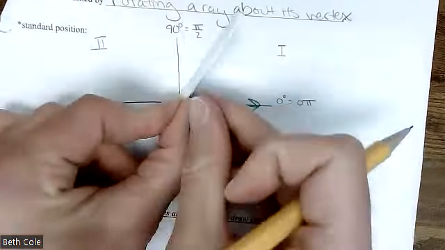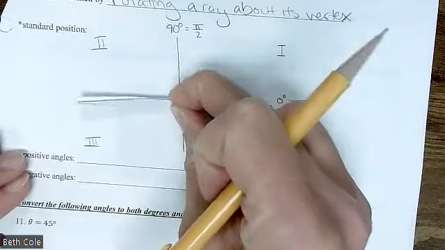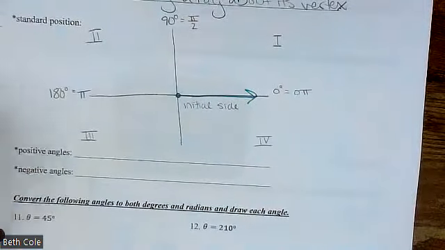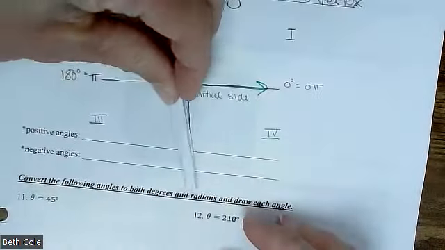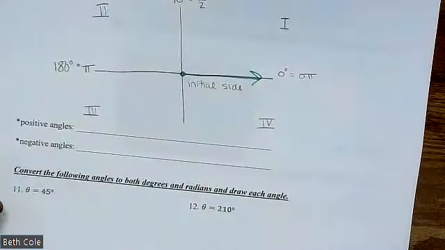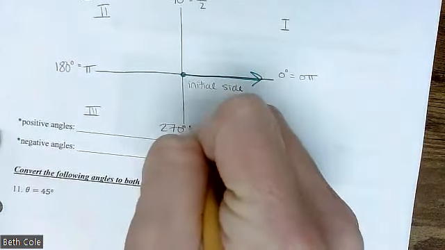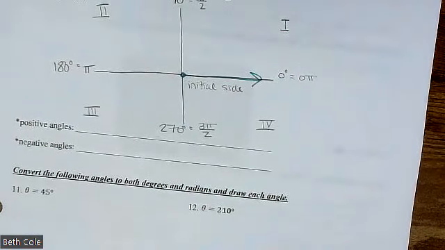Okay, so we start here, we go all the way up to the top. That's 90 degrees or pi over 2 radians. If I get to here, how many degrees did we go? It's 180, which is 1 pi, 1 whole pi. Now, if we keep going, we rotate down to here at the bottom, how many degrees is that? It's 270, which is 3 pi over 2 radians, pi and a half.